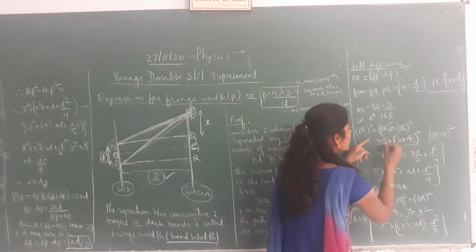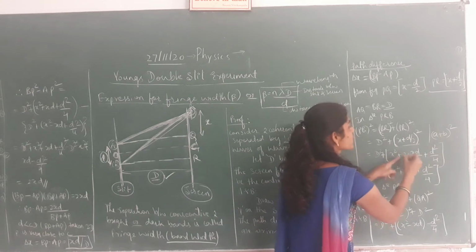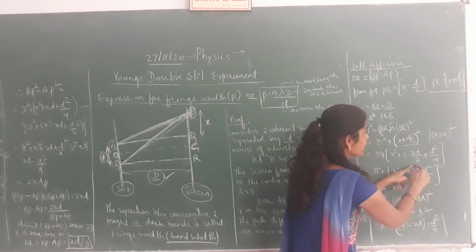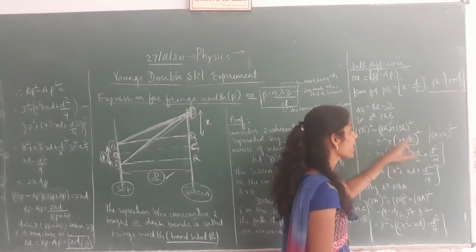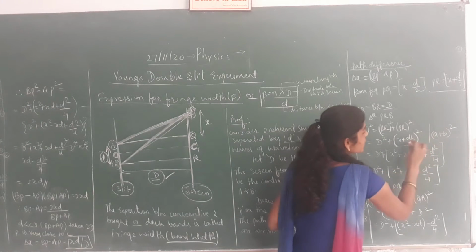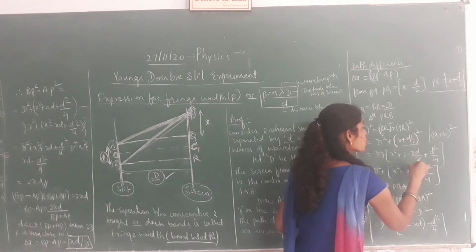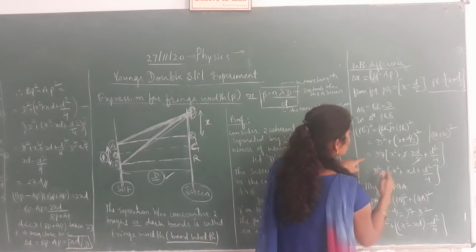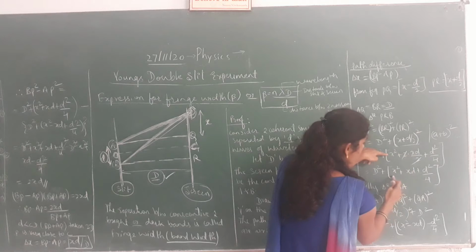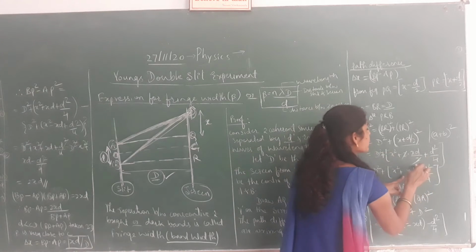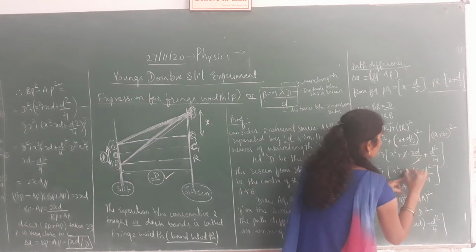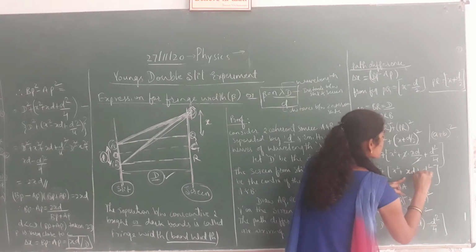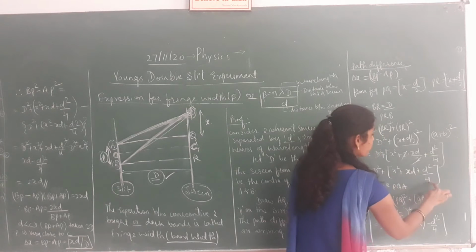So D square plus x square plus 2xd divided by 2 plus d square by 4, because b square looks like that. The 2 gets cancelled with each other, remaining xd, and d square by 4 is kept as it is.